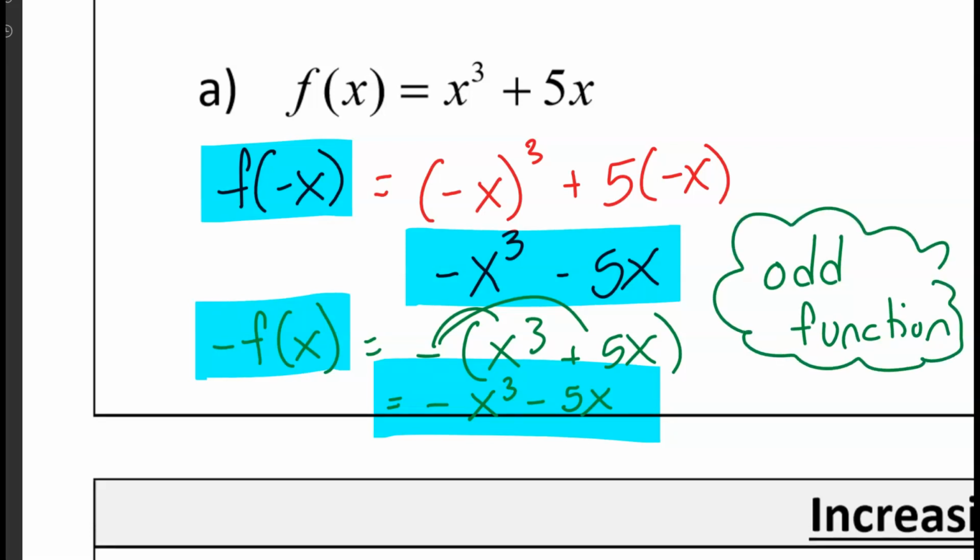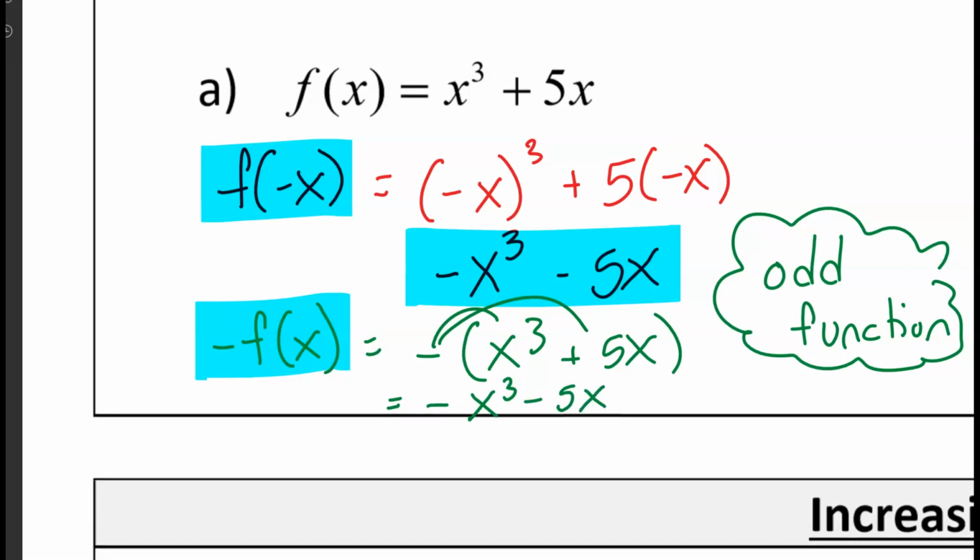If this had ended up like this, what would it have been? Neither, right. And Karina, to answer you, that's kind of what we told you to guesstimate in Algebra 2, but there's a little bit more to it than that.